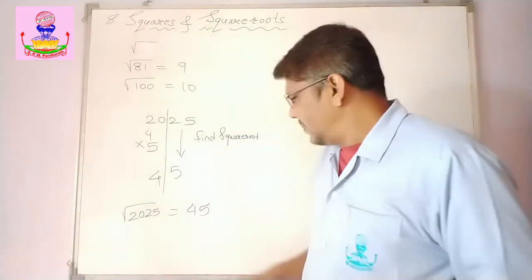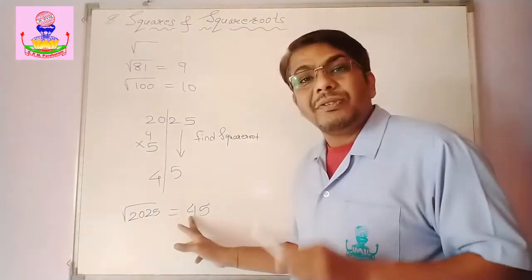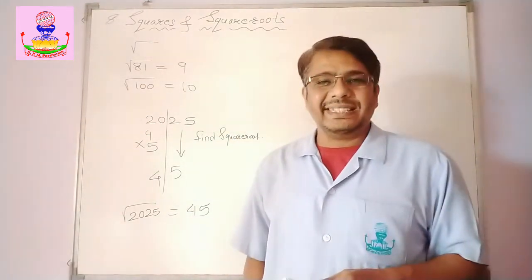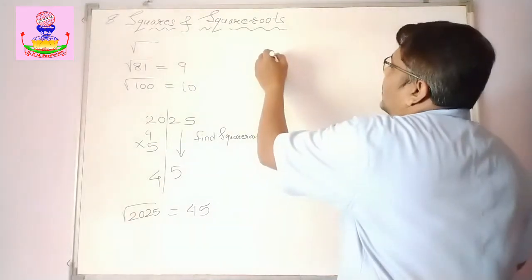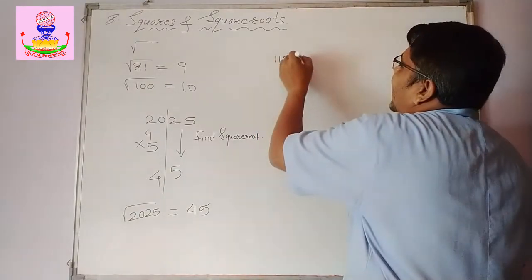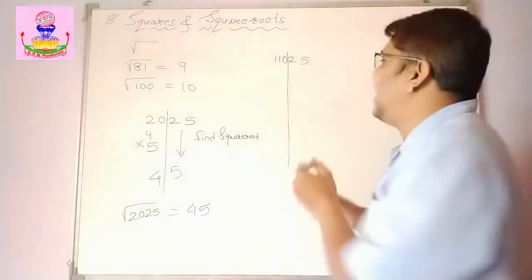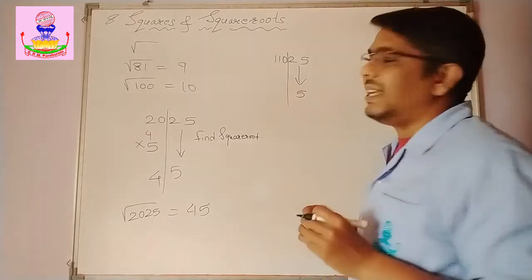If you have got command now, you can directly check that. Square of 5 is 25, and the next number to 4 is 5. 5 4s are 20. So my answer is yes, of course, exactly right. Okay, now let's move to another example. Suppose I have got 11025. Now the square root of 25, yes, 5.